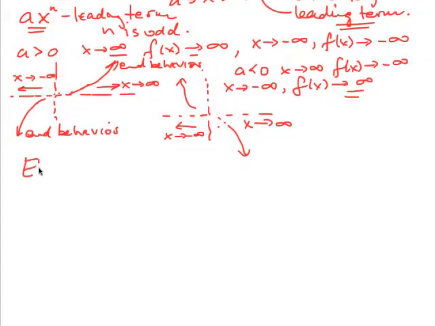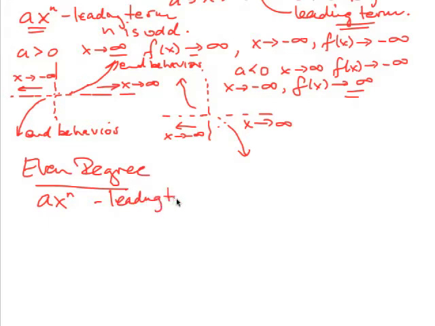Right, now what if we have an even degree? Then we're talking about ax to the n, where this is the leading term again because it dominates. And of course n is even, like squared or power of 4, power of 6, power of 8 and so forth.